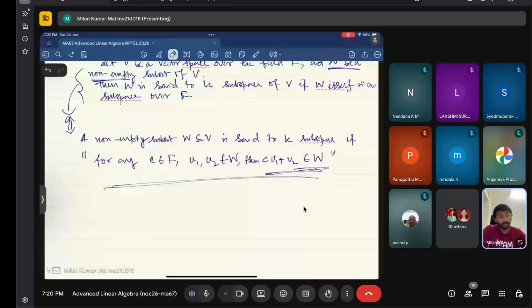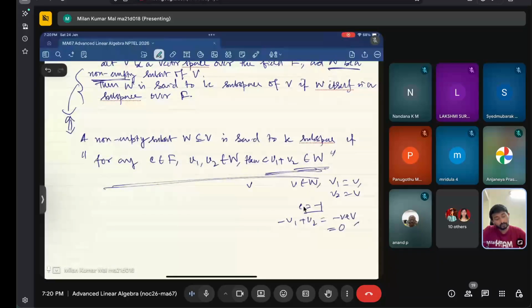So this is the first step. Let's take any arbitrary element v in W, and let's take v1 equal to v and v2 equal to v, and c equal to -1. Then what will happen? Minus v1 plus v2 equals minus v plus v, that is 0.